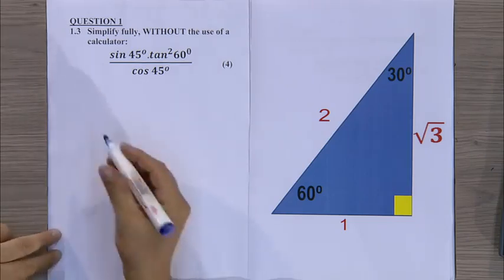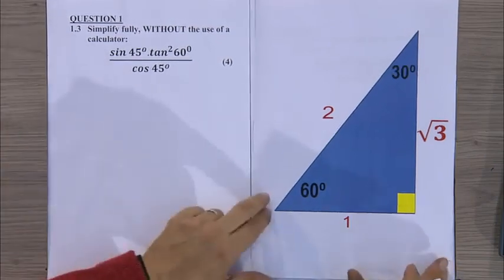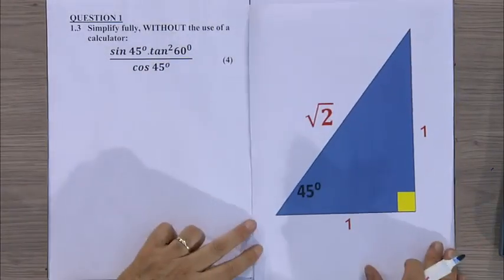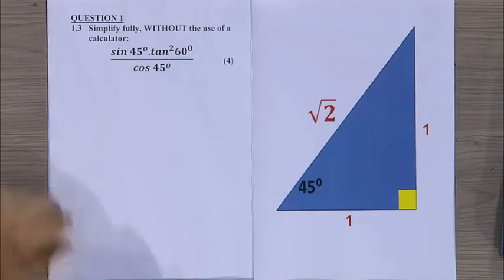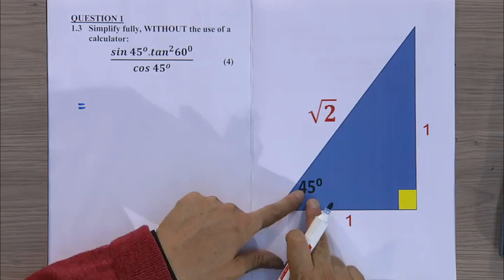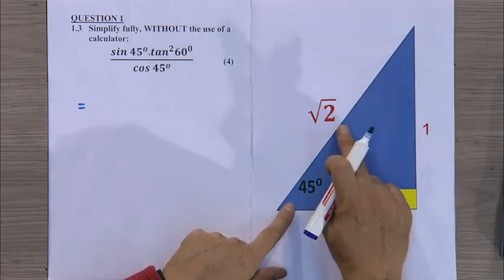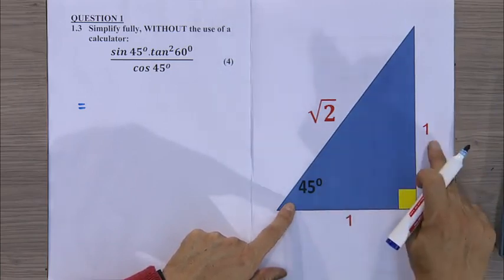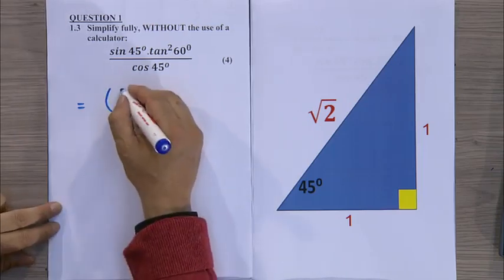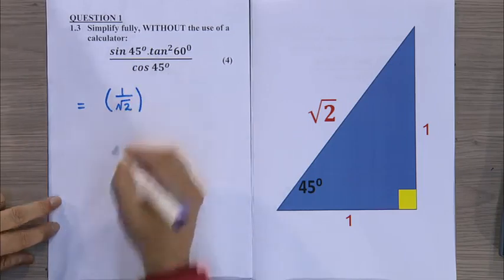So let's look at the first one. If I work with 45, let me get my triangle of the 45 degrees. You see that? So if I have the sine of 45, there's 45. What is sine? It's y over r, or opposite over hypotenuse. So sine 45 is going to be 1 over square root 2. 1 mark for you.